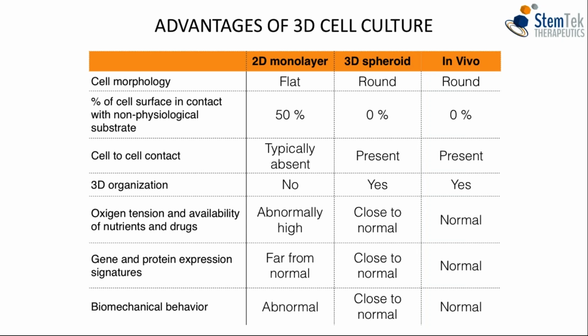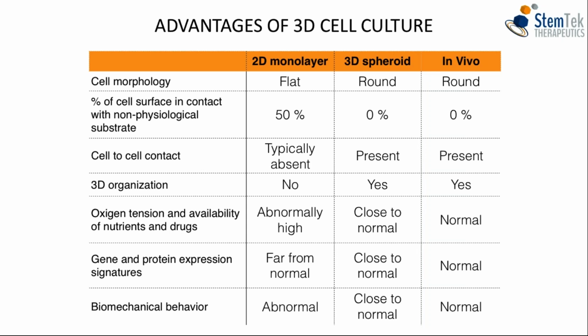Another very important point is how cells interact with the medium, the nutrients, the oxygen, and obviously drugs, because this interaction is abnormally high in 2D monolayer culture and close to normal in 3D cell culture and obviously in vivo, which is the standard.